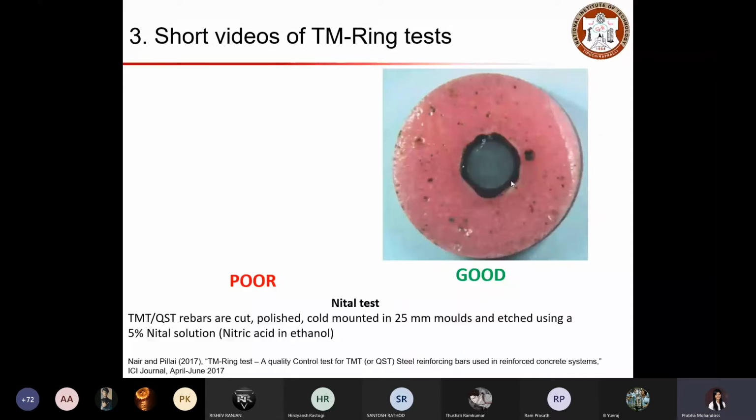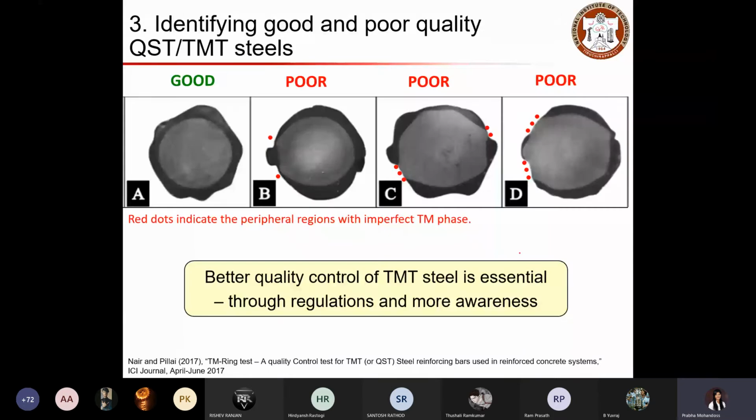So there are other images which indicate the difference between the cross sections for good and poor rebars. Here in A, where you have nice outer ring formation with a concentric inner soft ferrite-pearlite phase, this indicates good quality TMT rebar.